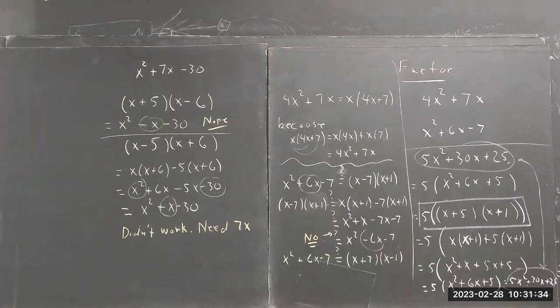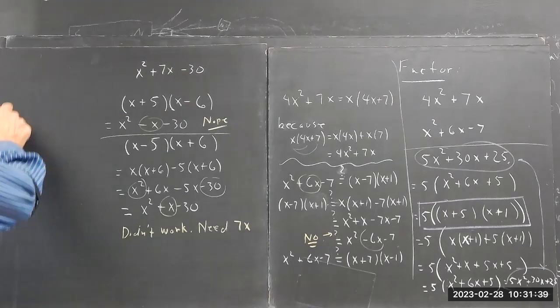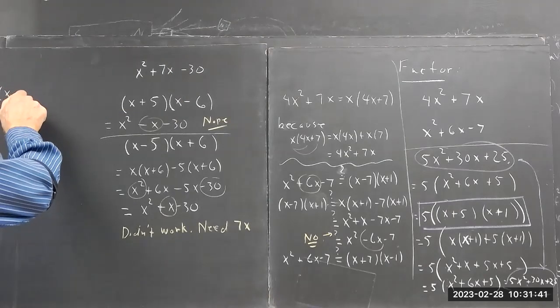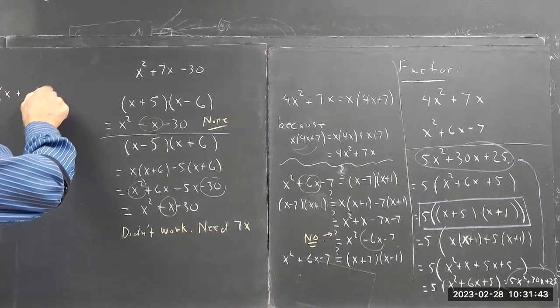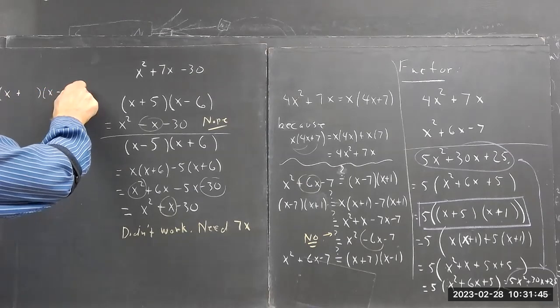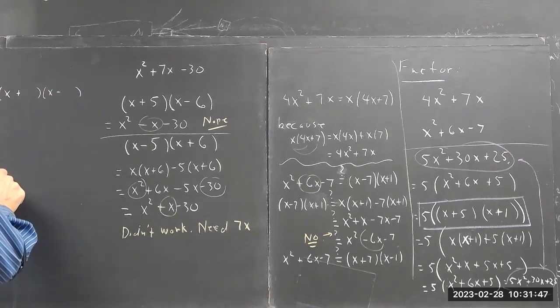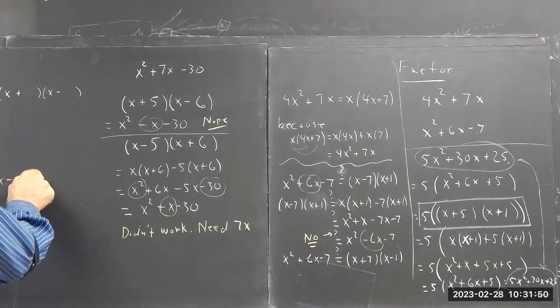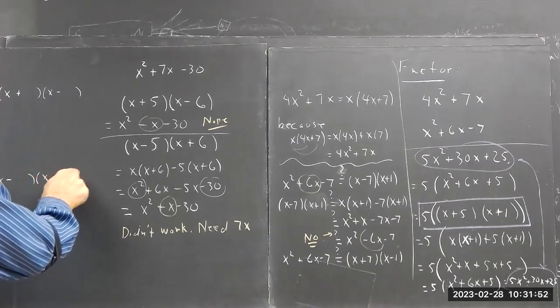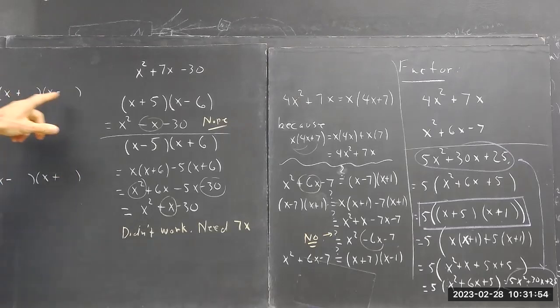Okay, well now, pick two other numbers that multiply out to 30, and put those two numbers here, and in the same order, put them here.